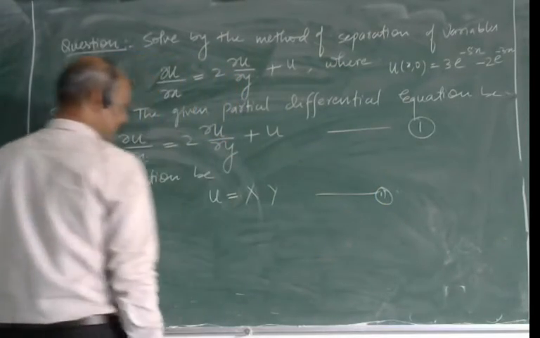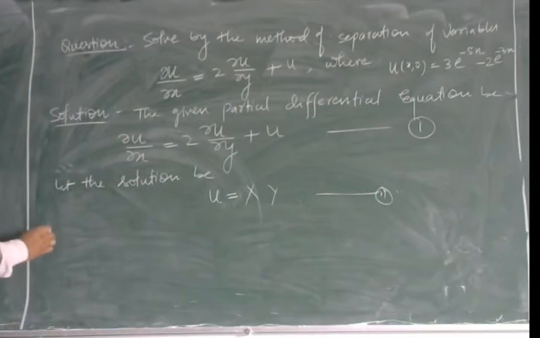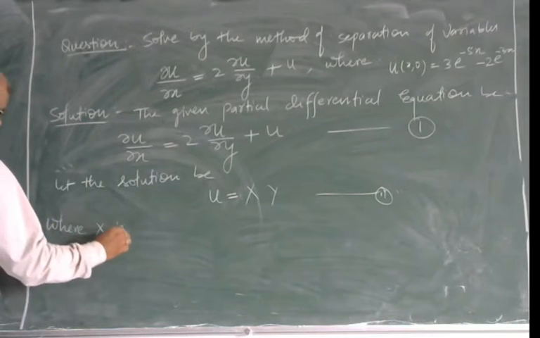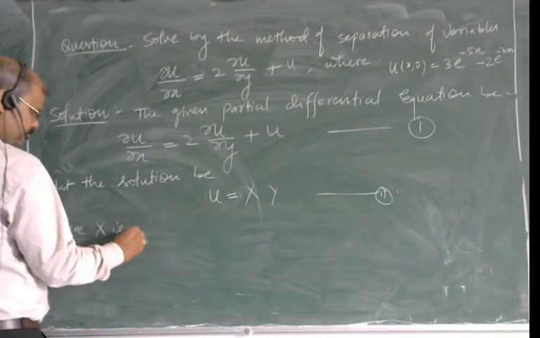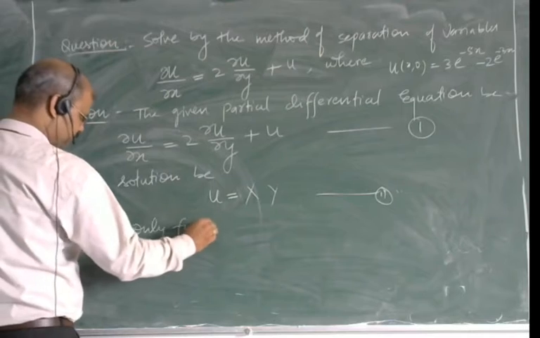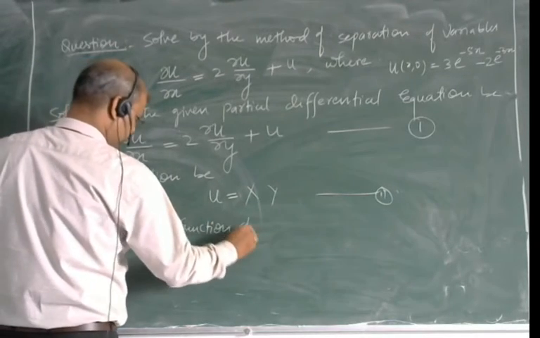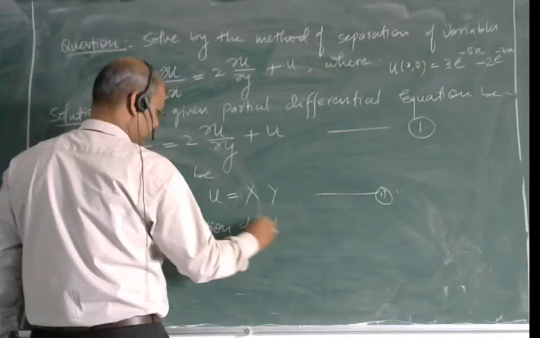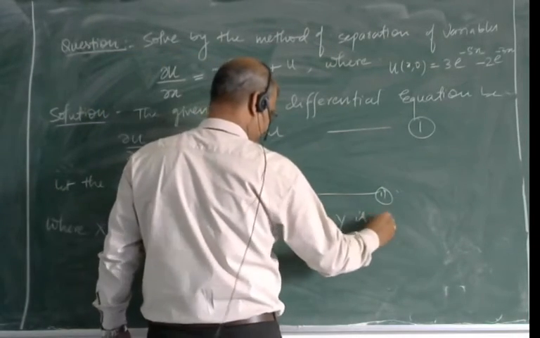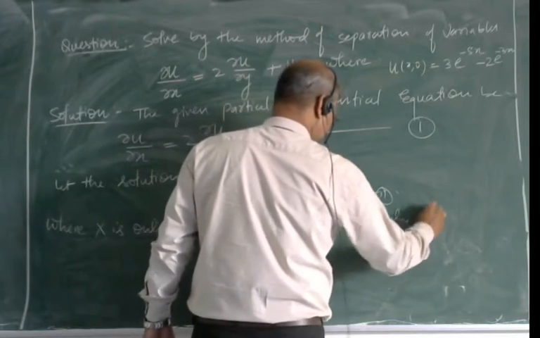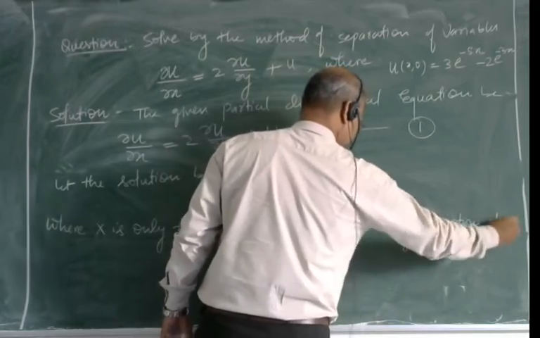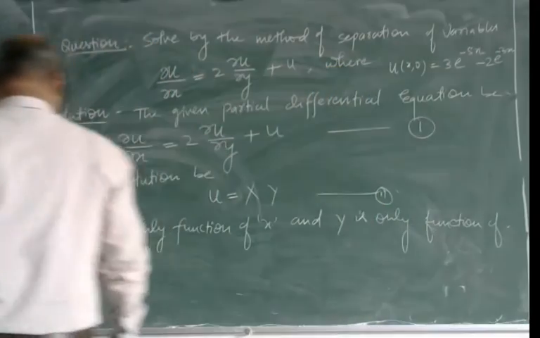This is equation 2, where capital X is only a function of small x and capital Y is only a function of small y.